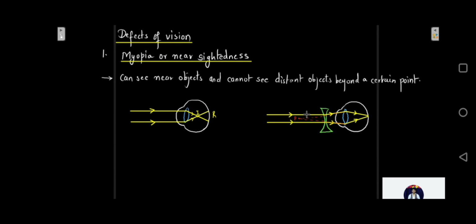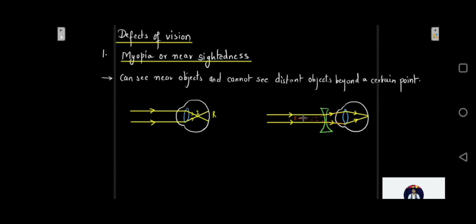The focal length of the concave lens will be equal to the distance of the far point of that particular myopic eye. This lens diverges the parallel rays coming from the distant object as if they are coming from that far point, that is F.